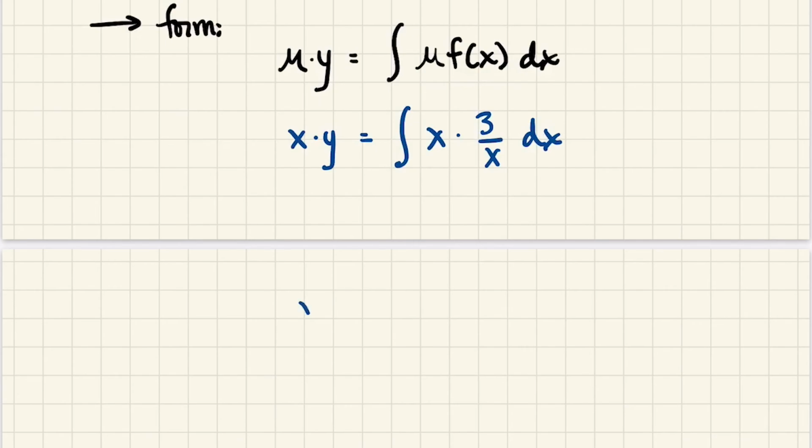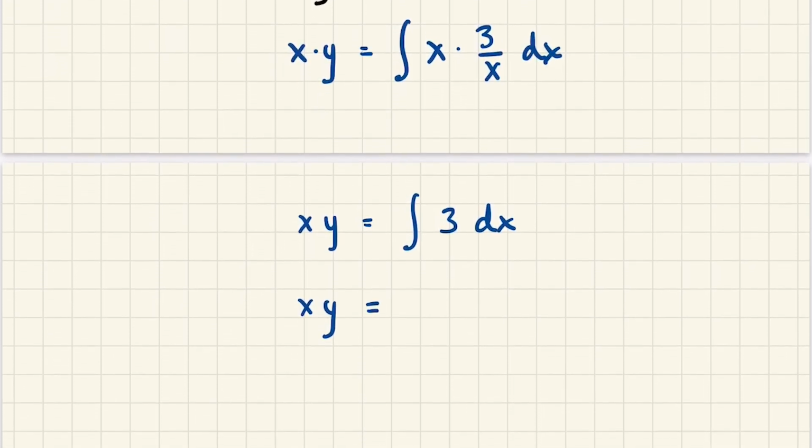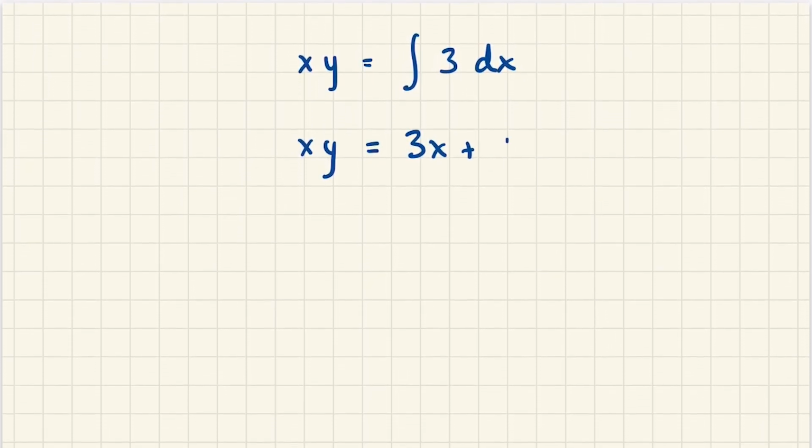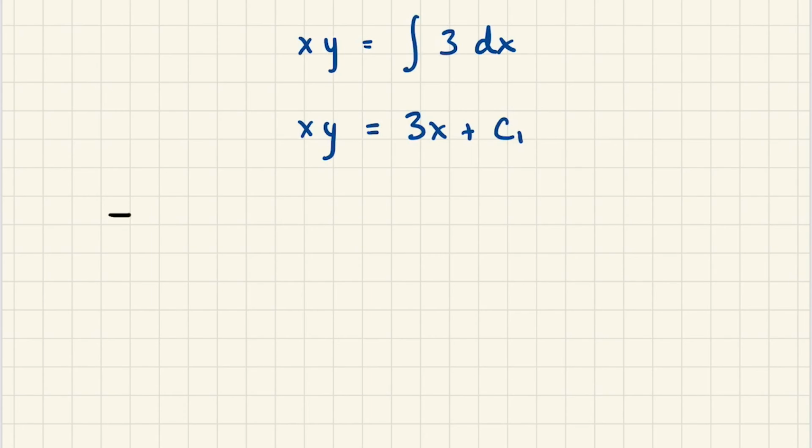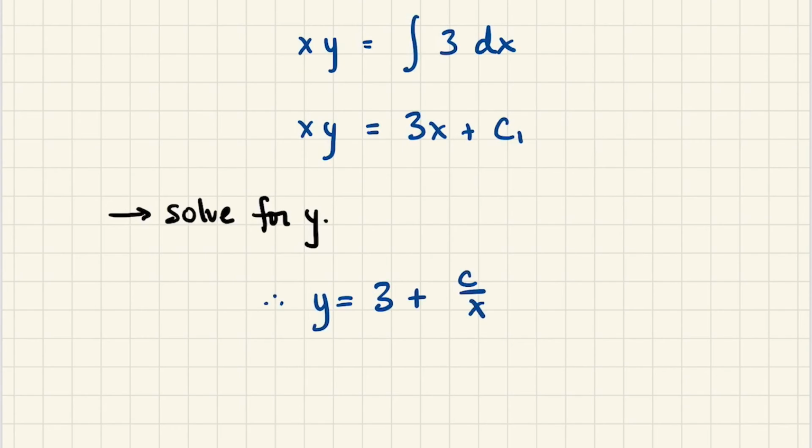So x times y is equal to the antiderivative of 3. And of course, we get 3x plus a constant. We'll call it c1 for now. And finally, solve for y. And there's our general solution.